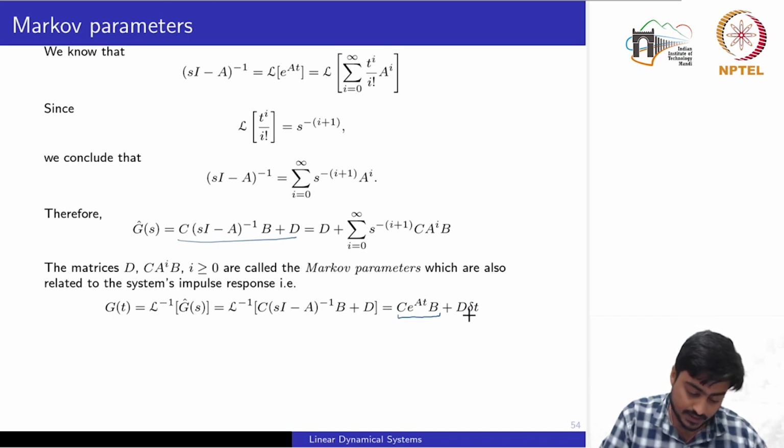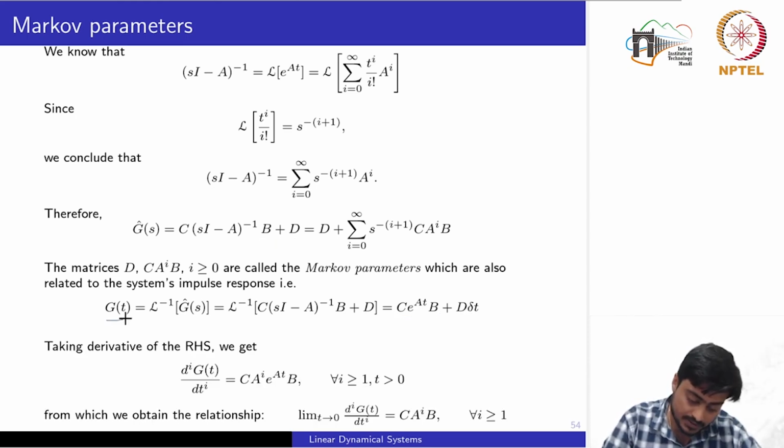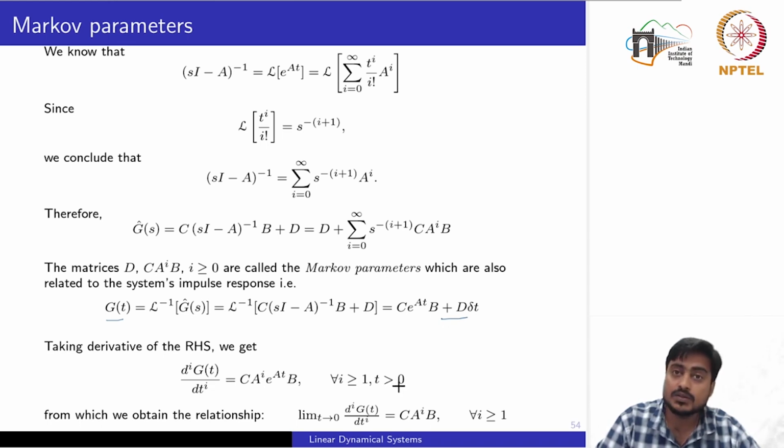If I take the ith derivative on both sides, I would get C A^i e^(At) B for all i greater than or equal to 1 and t greater than or equal to 0. If I take the limit as t tends to 0, this part goes toward 0 and I would remain with C A^i B, which is also the Markov parameters.